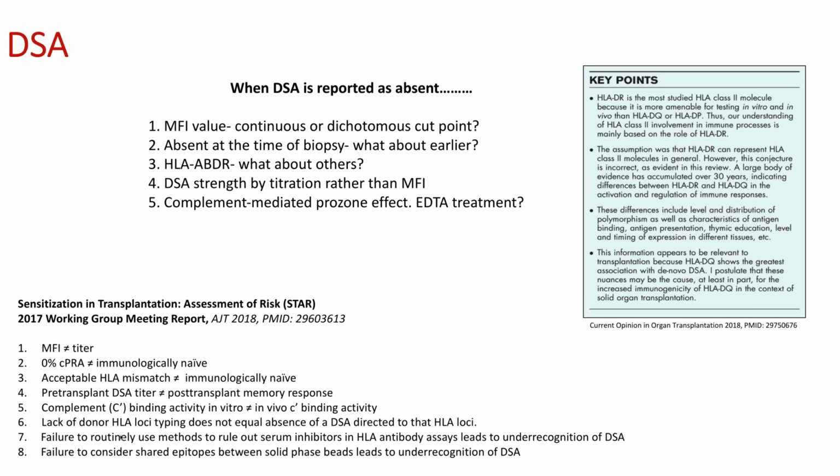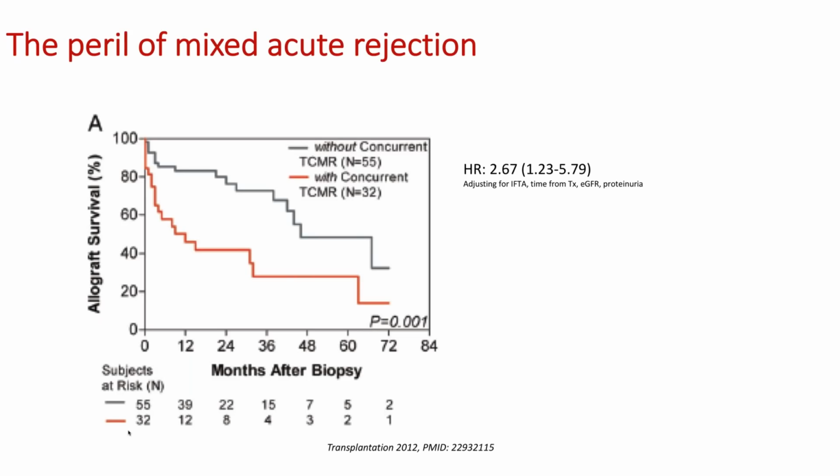Failure to consider shared epitopes between solid phase beads leads to under-recognition of DSA. What does all this mean? It means that DSA science is not perfect. So whenever we try to make a diagnosis of transplant glomerulopathy, or whenever we see double contours, before we jump to the conclusion that there is no antibody here, we need to make sure that we haven't missed any of this.